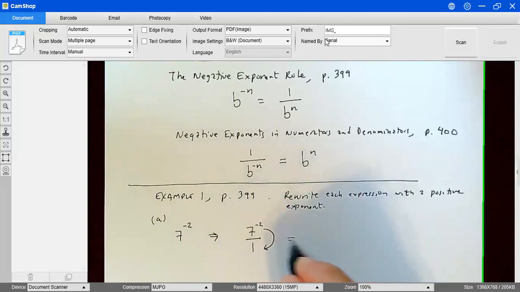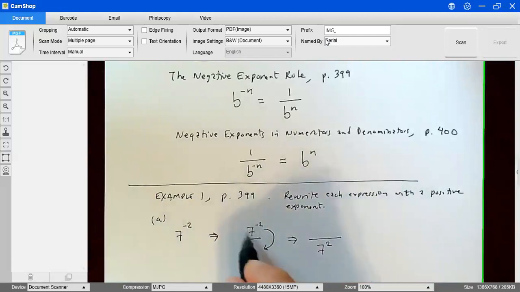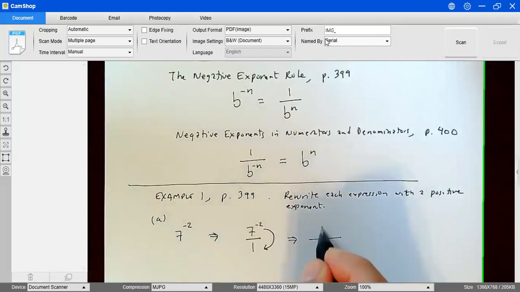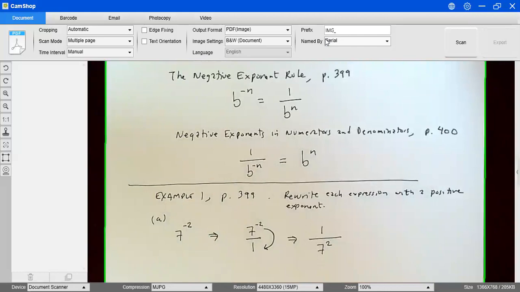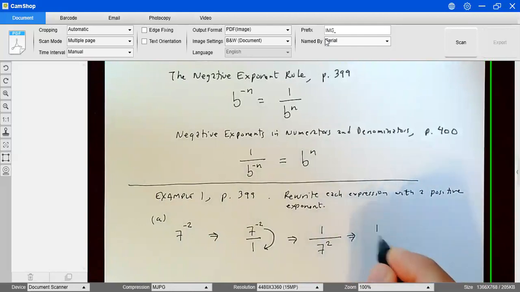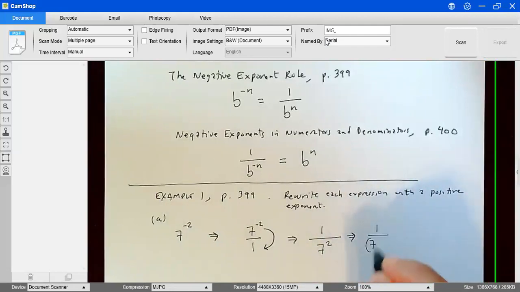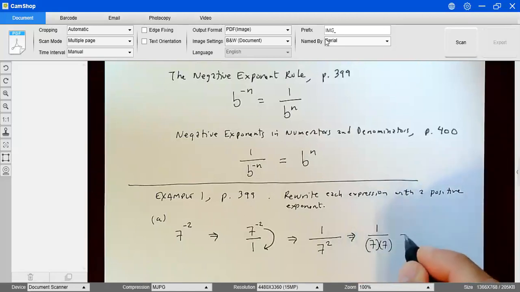So if we do that, we're going to end up with 7 squared. But again, this quantity is multiplying 1, so we end up with 1 here. Then we finish just simplifying the indicated operation, because we know that 7 squared is just 7 times 7. So the final answer is 1 over 49.